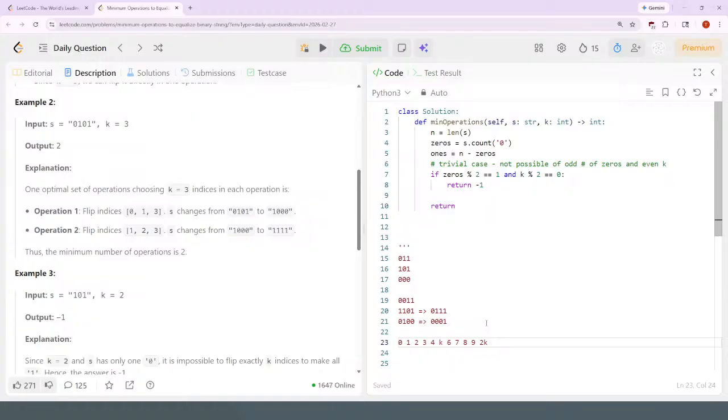And the movement of the current number of zeros can be like 1, 3, 5, -1, -3, -5, if k is odd, assuming that there's enough to transfer.